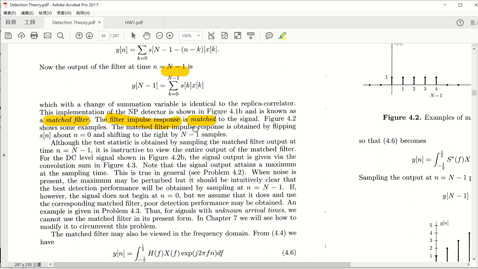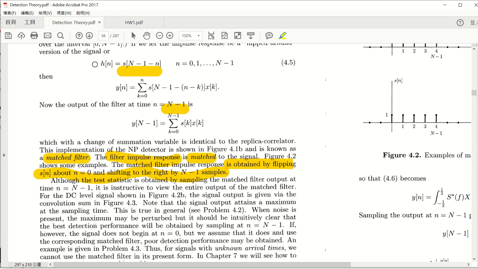Okay, so the match filter impulse response is obtained by flipping s about n equal to 0 and shifting to the right by n minus 1 samples. So this is a physical interpretation. And of course, its mathematical form is here.